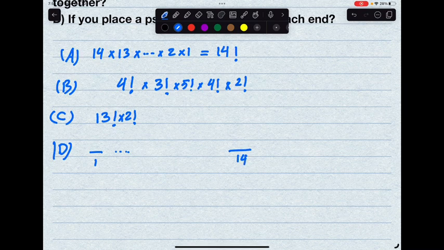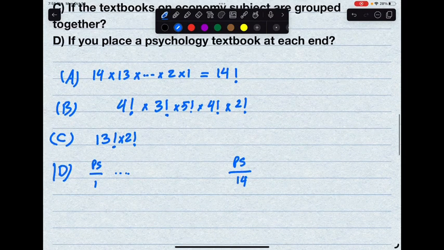So we're going to have a psychology book here and another psychology book here, and there's no restriction on the other 12 books in between.